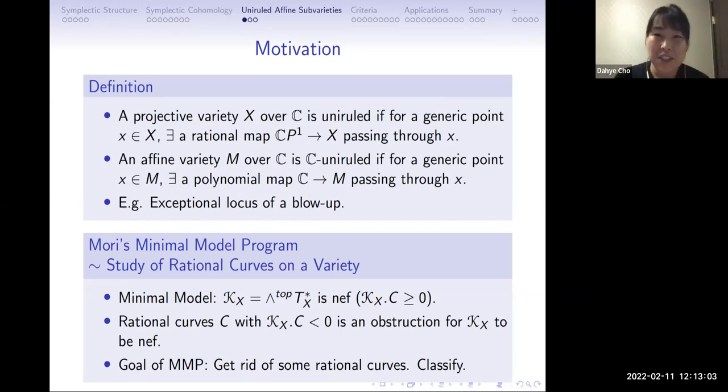My project is just inspired by the minimal model program.